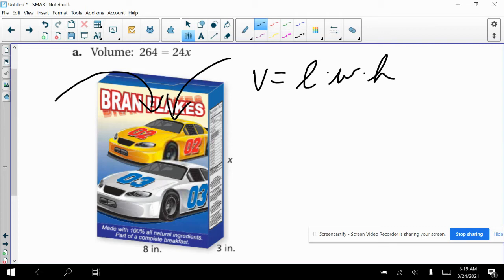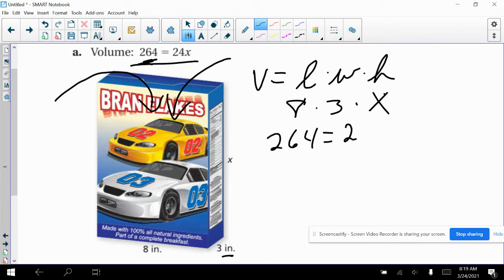The length here would be 8, the width is 3, and we don't know what the height is. They gave you the formula up here, so we're starting easy. And they're giving you what the volume is. The volume is 264, inches squared, I guess, because they're giving you inches. So they came up with 264, and we already know how to get 24x.